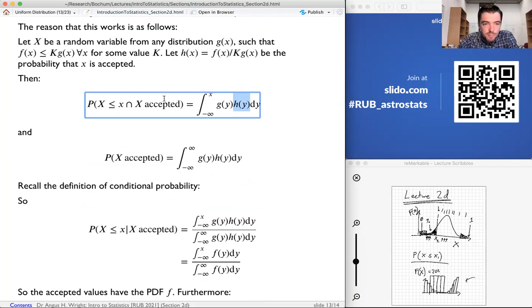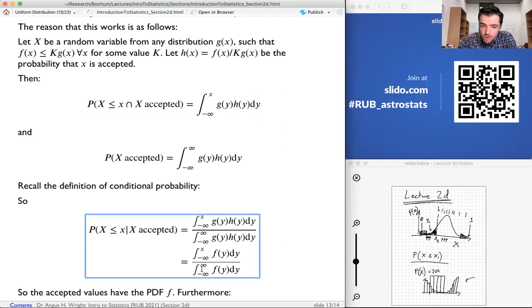And if you combine these two things, then what you end up finding is that the conditional probability of x being less than or equal to some value x, given that it was accepted, is equal to the integral from -infinity to x of f of y dy, divided by the integral from -infinity to infinity of f of y dy. F of y is a random arbitrary function with no normalization.